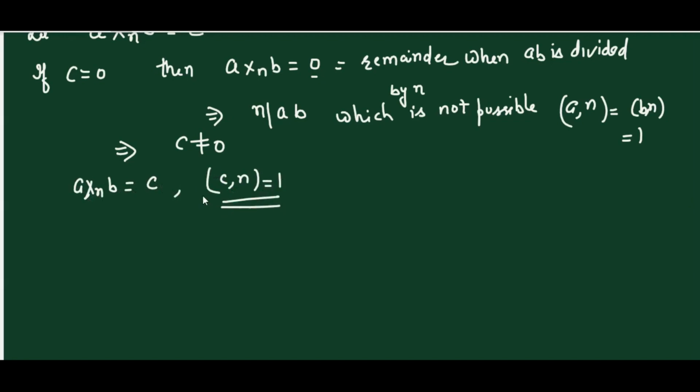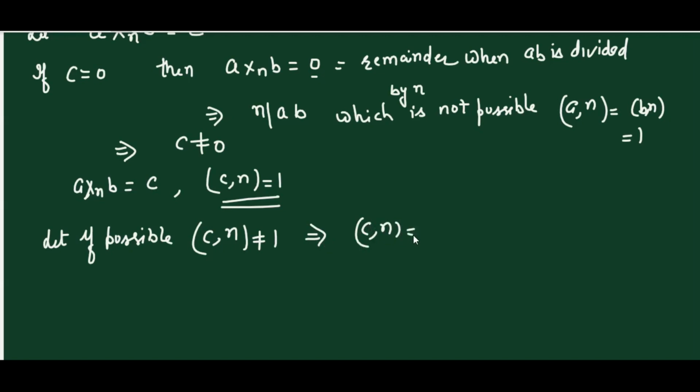We have to show that the combination of a and b is c and c is co-prime to n. Okay, so let, if possible, c be not co-prime to n. This implies c and n have some GCD d and d is greater than 1.